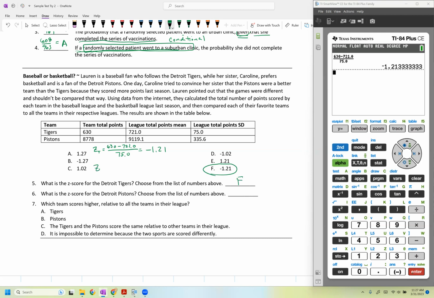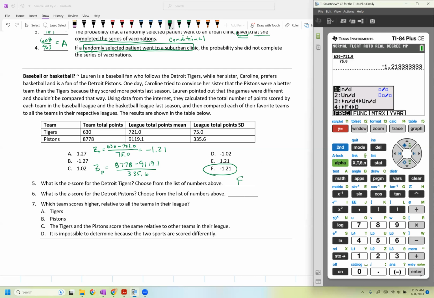Let's do the same thing for the Pistons. There's their data score minus the mean, and then divided by the standard deviation.